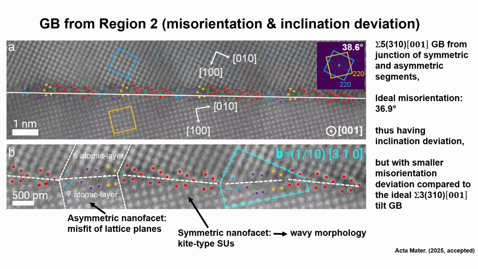But you also see that the inclination of the structural units with respect to the mathematical grain boundary plane is different, so you get this kind of faceting of a boundary.